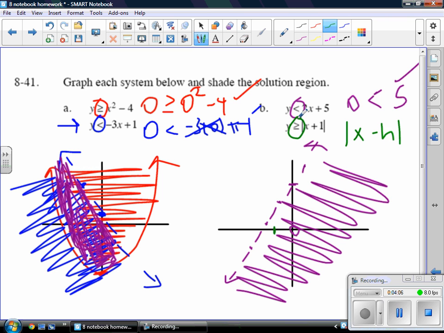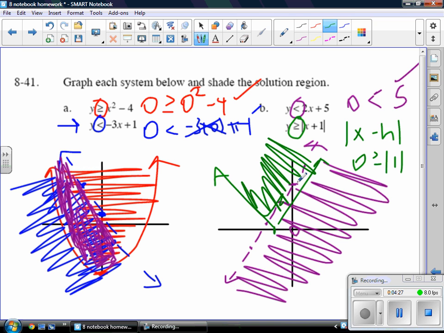I'll have a solid line, so it's going to look like that. Okay, and I need to plug in a point. So is 0 greater than or equal to the absolute value of 1, basically? Is 0 bigger than 1? No, that is not true. So I'm going to shade where 0, 0 is not. Okay, so that's all of this. So where they both overlap is a very skinny area right here. Right in between there is where they both overlap.